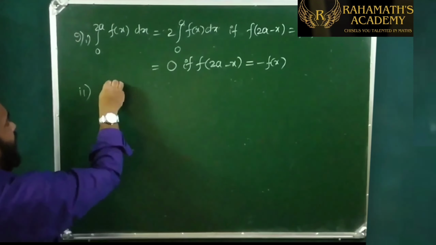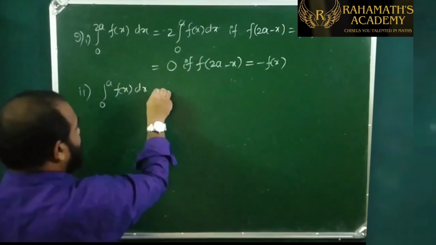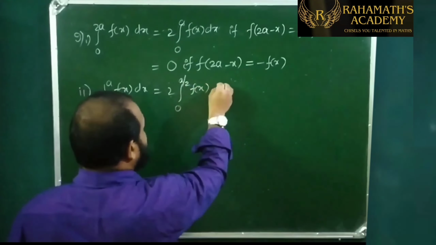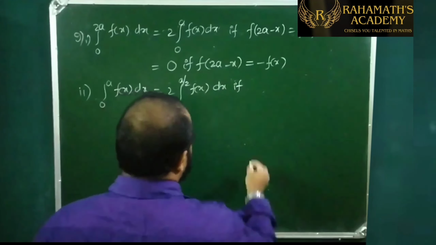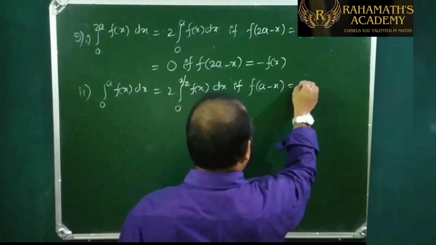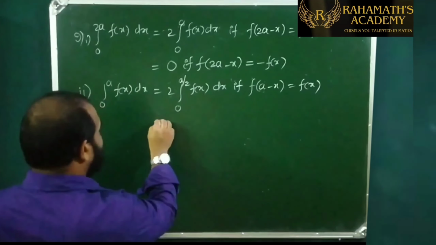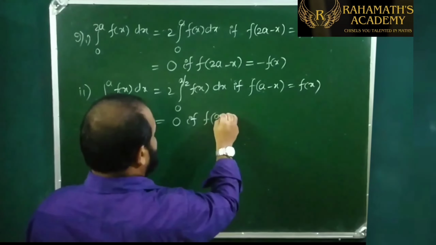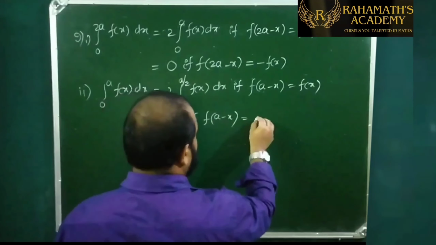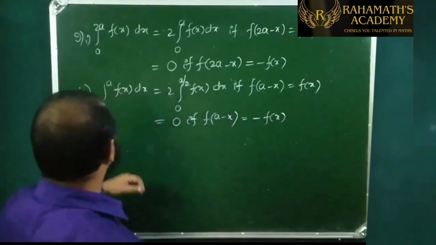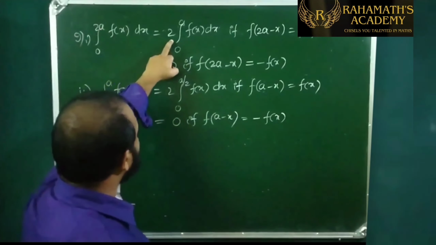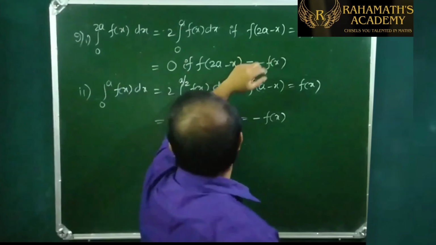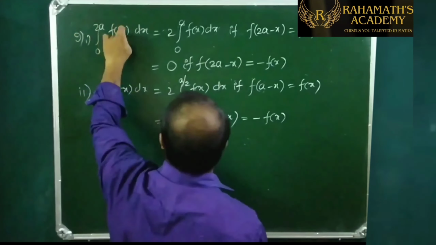Integral 0 to a f of x dx is equals to 2 integral 0 to a by 2 f of x dx if f of a minus x is equals to f of x, and this is equals to 0 if f of a minus x is equals to minus f of x, because here 0 to 2a, 2 will come forward and half of this 2a is a, when f of upper limit minus x is equals to f of x.